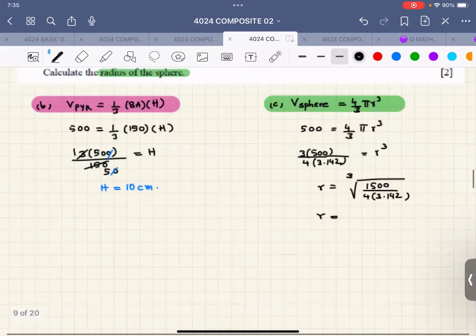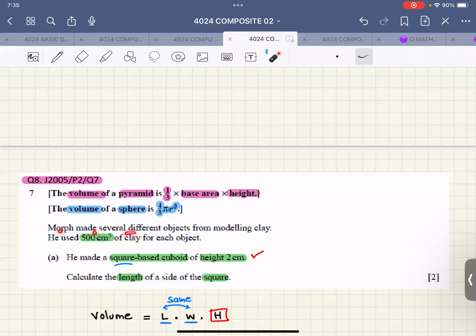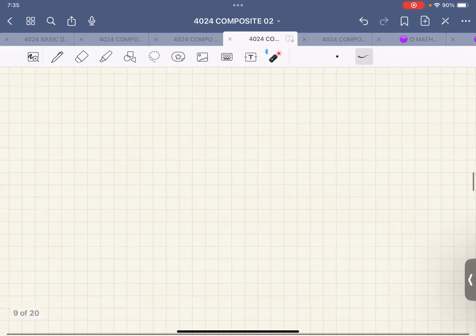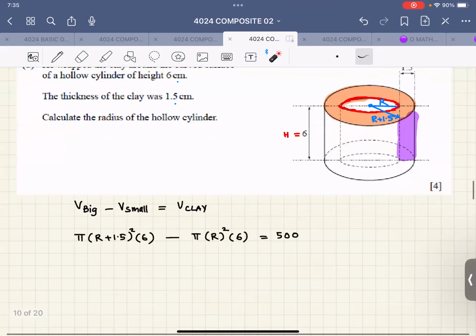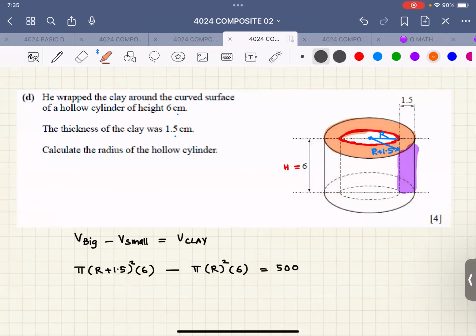Because in the beginning of the question, it says Morph made several objects from modeling clay. He used 500 for each object. So this time that clay is used on the side over here and over here. So let me just highlight a little bit more. So therefore, this thing is also used over here.